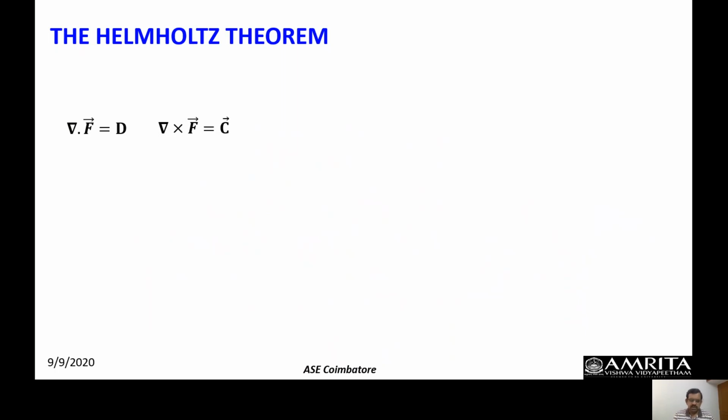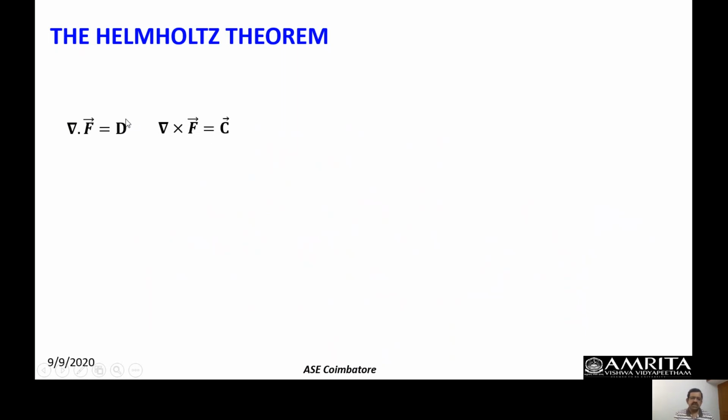So let us say for this vector function F, I know both its divergence and curl. How well can I uniquely determine F from knowing D and C?